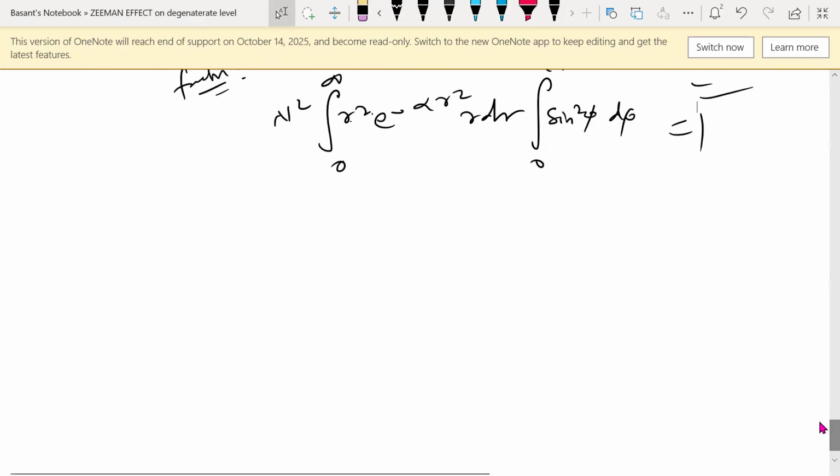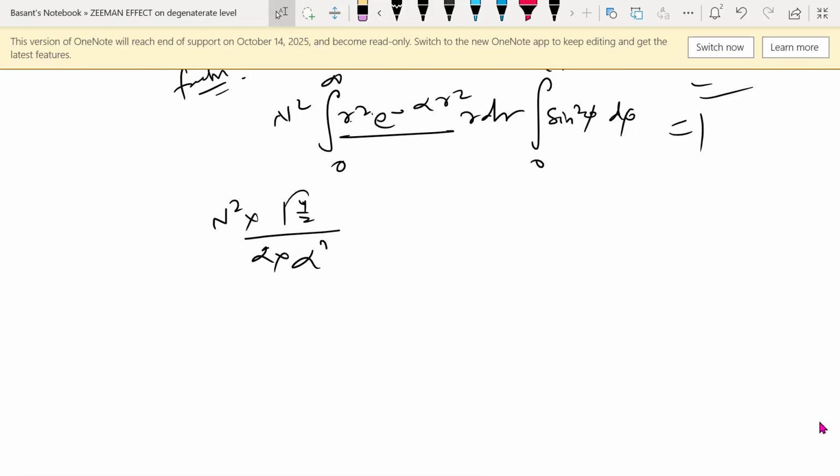So again, N square, and the integral of this gives gamma 4 by 2 into alpha to the power 2, and the angular function again gives 2 pi minus 0, divided by 2, and the integration also gives sine 2 pi, which becomes 0.